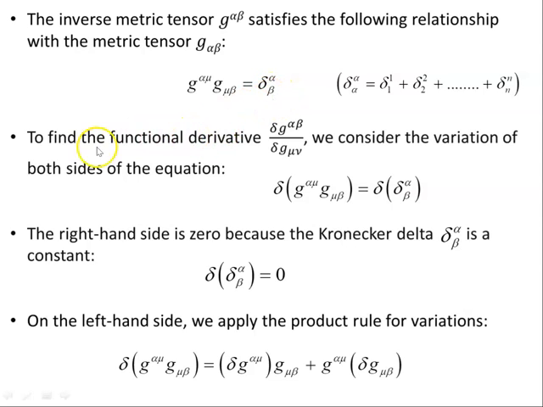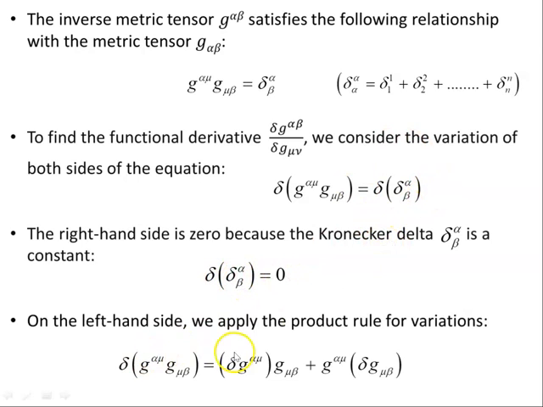All right, so now to find the functional derivative, that's the variation of the inverse metric with respect to small changes in the metric itself, we consider the variation of both sides of the equation. So we take this equation here and we vary both sides. Now, the right-hand side is 0 because the Kronecker delta is a constant, and so the variation of the constant is 0.